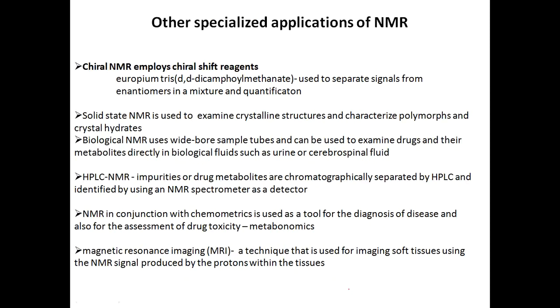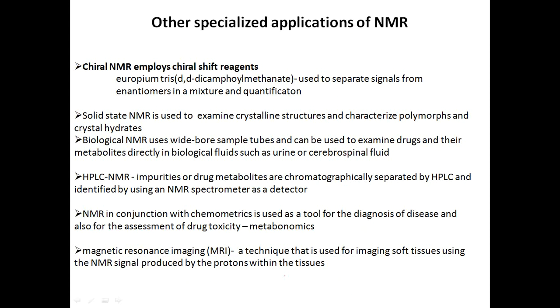The other specified applications of NMR: it is used for chiral NMR also, where europium complexes are used for separating chiral molecules, for determination of enantiomers and mixtures for quantification. Solid state NMR is used for determining crystalline and amorphous forms, polymorphs, in particular pharmaceutical compositions.